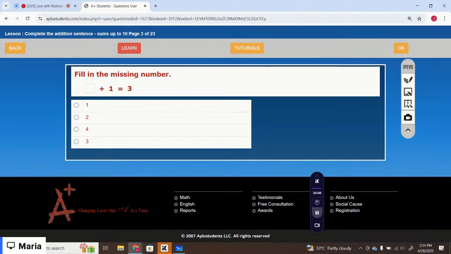Fill in the missing number. 1 plus the missing number equals 3. So which number is missing?